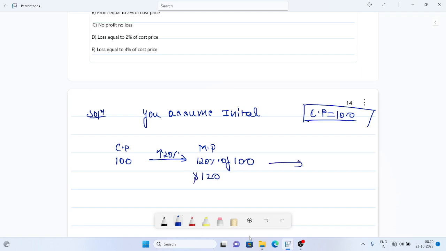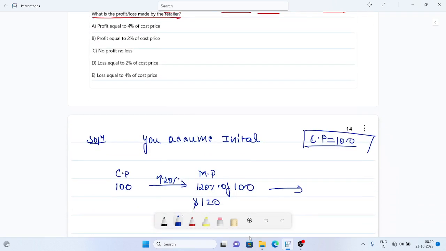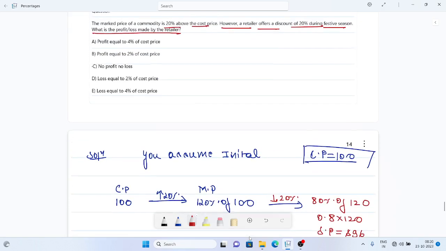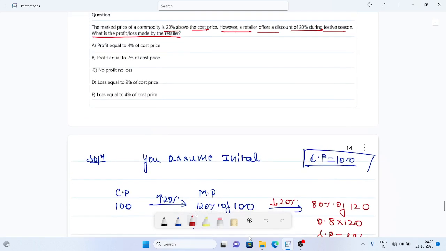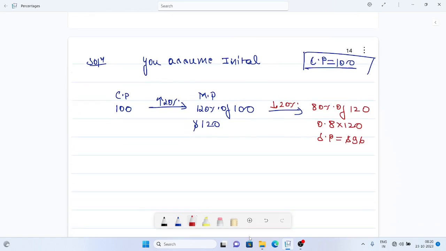Now he gives the discount of 20% during festive season. So this is a decrease of 20%, meaning 80% of 120, right? So what is the selling price? Selling price is $96, right? Now he asks about the profit or loss. So we want cost price and selling price. This is the cost price, this is the selling price.